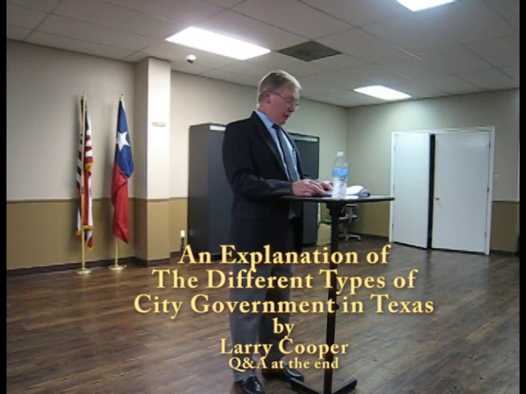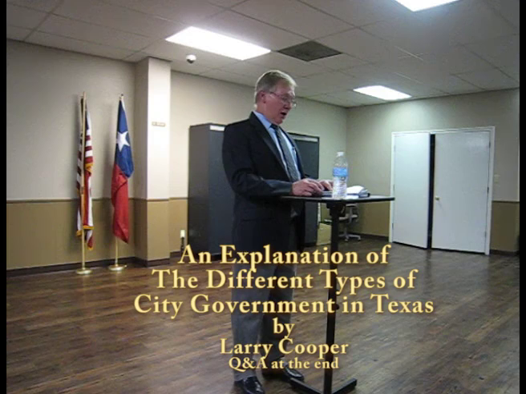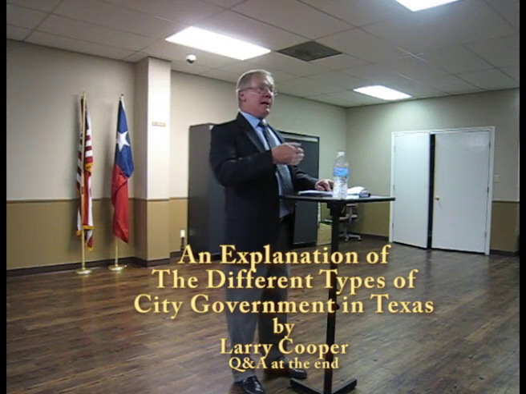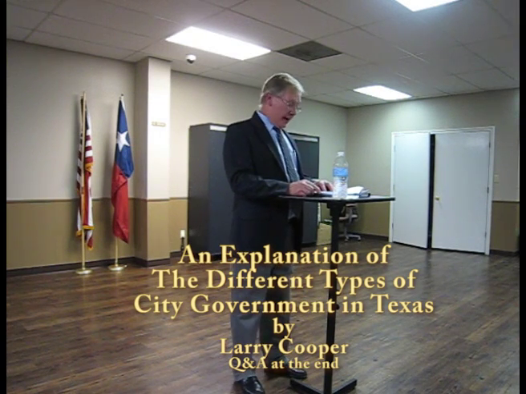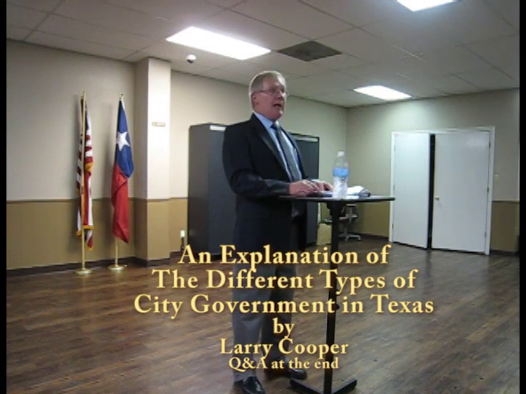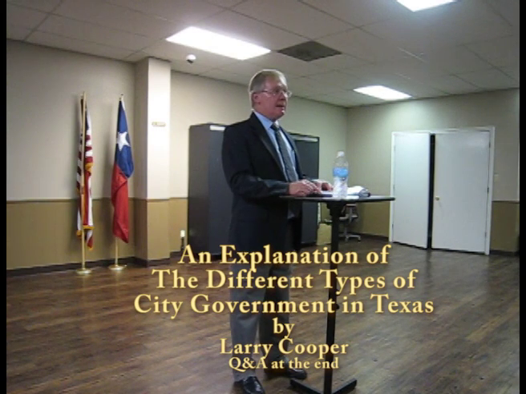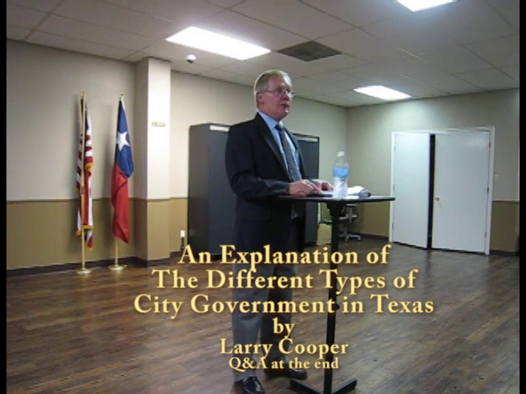Annexation is an important power that a home rule city has. A home rule city can annex adjoining areas whether the people living in that area like it or not. It's a considerable power. Initiative. Citizens can propose and initiate ordinances if they want to, and they can circumvent a city council if the city council doesn't want to act or refuses to act.